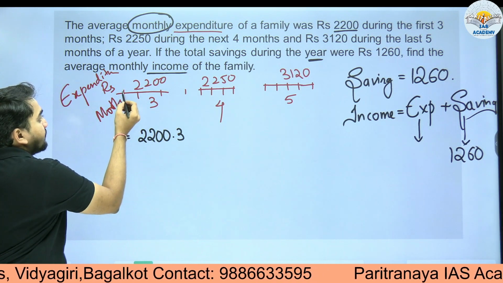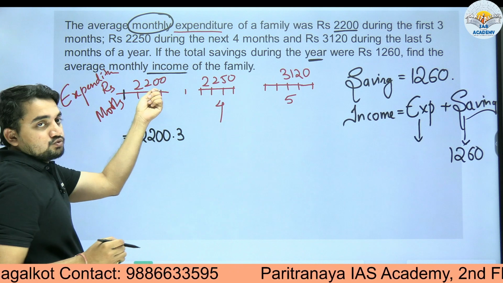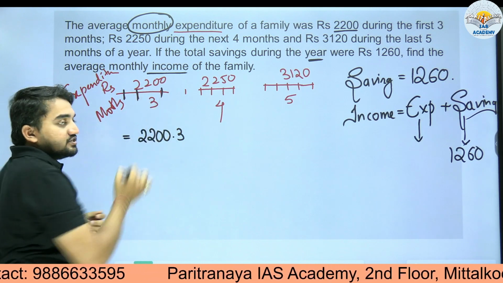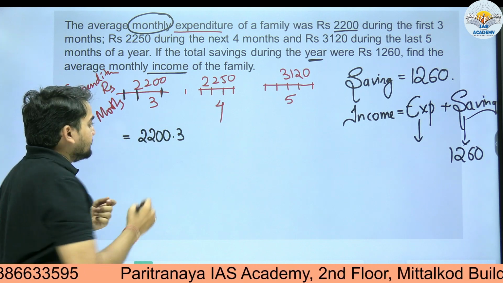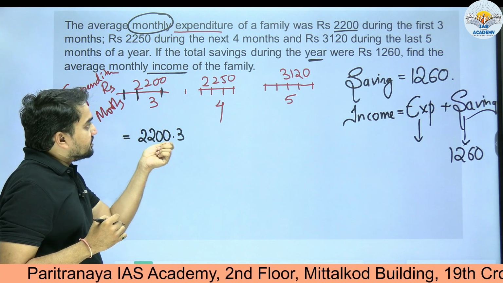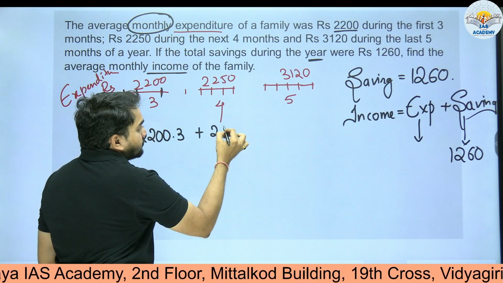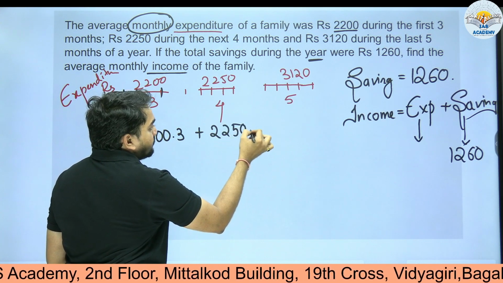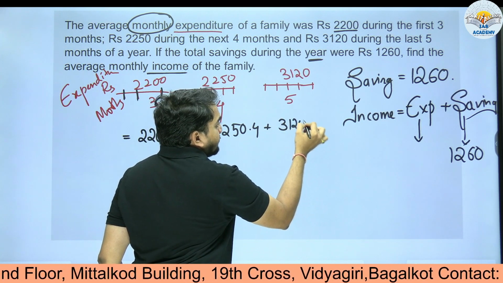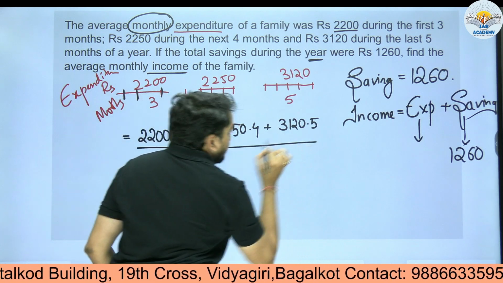That means for each month, the first month's expenditure is 2200, the second month's is 2200, the third month's is 2200. So the total for the first 3 months is 2200 into 3. Similarly, I can do this one: 2250 into 4 plus 3120 into 5, whole divided by how much? How many are there?